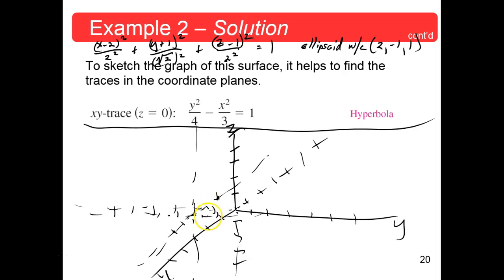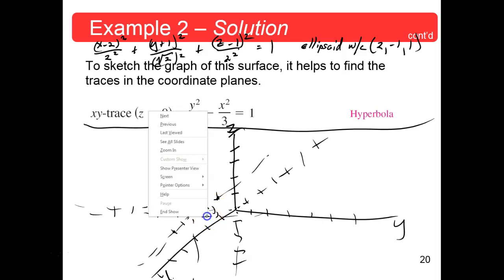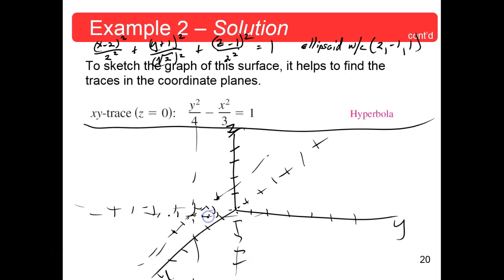So that's going to be something about like that. So there's the vertices on the y-axis, and on the z-axis it's going up and down 2, sorry. Okay, so 1, 2, 1, 2.